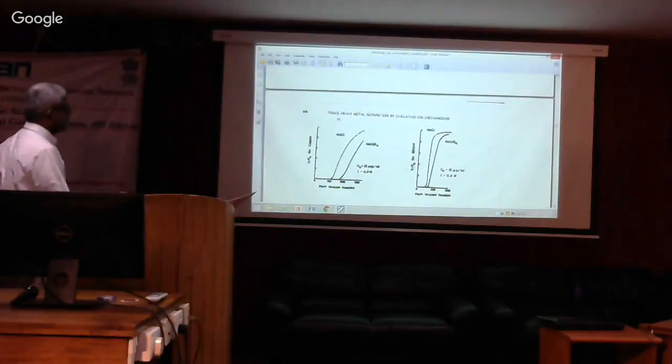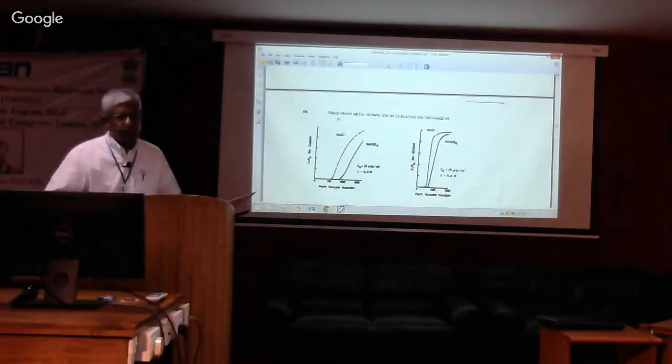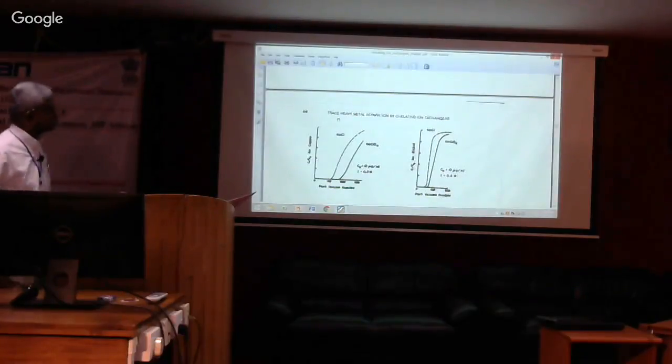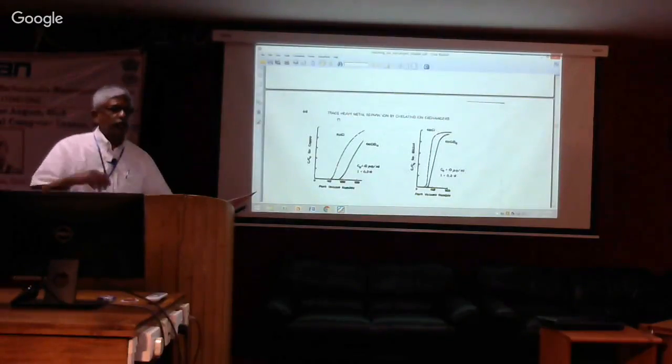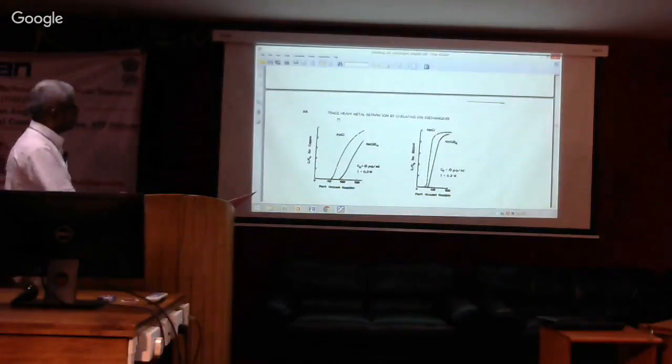If I have in the aqueous phase perchlorate, which is a very poor ligand, and we can go into the chemistry as to why, this is perhaps the closest you can get to an anion without any ligand property. Perchlorate and nitrate are the two most common. So if there is no ligand in the aqueous phase, you get this breakthrough.